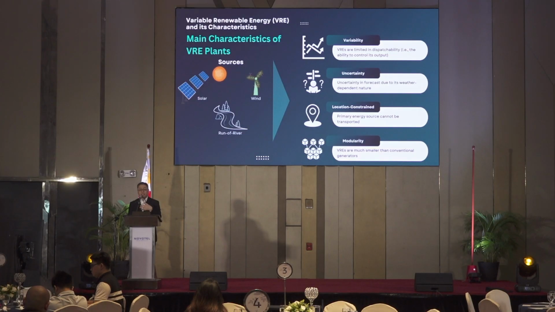It's also location specific, because most of our VRE plants are solar, wind, or run-of-river. For run-of-river, you have to install your plant along the river. For wind plants, to optimize the maximum output, you have to place them in optimal wind corridors across the country.